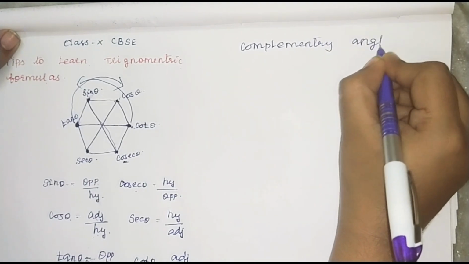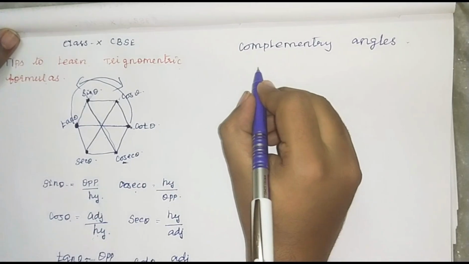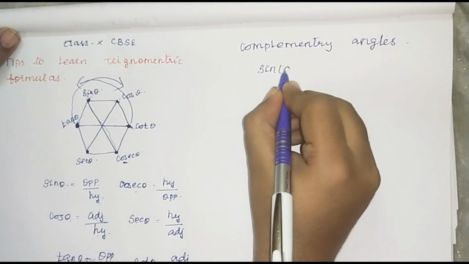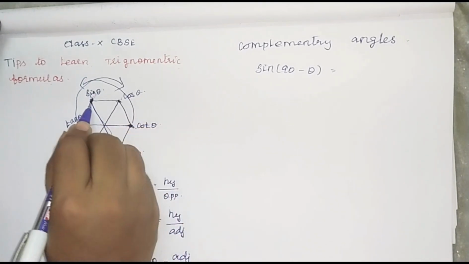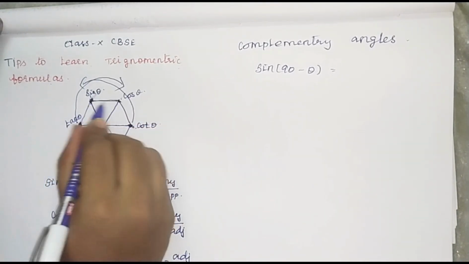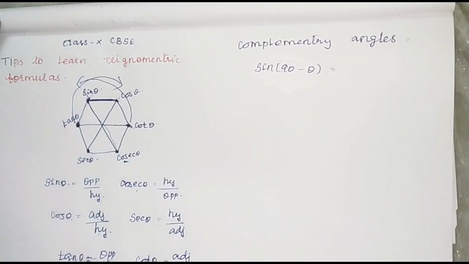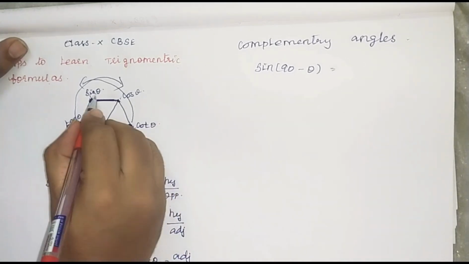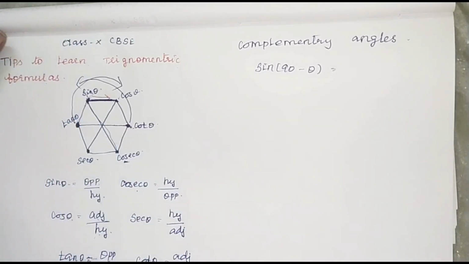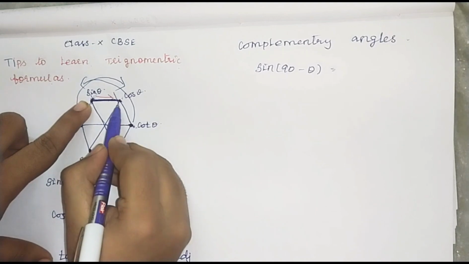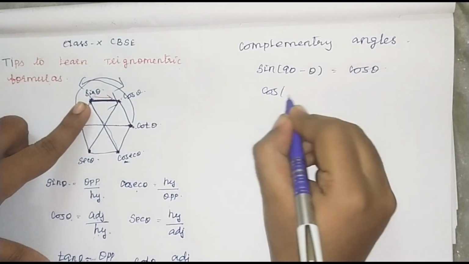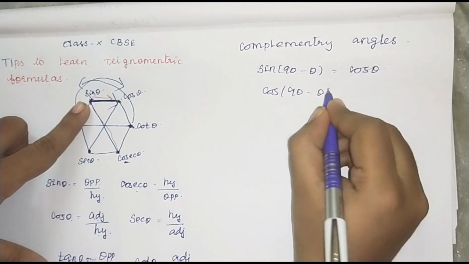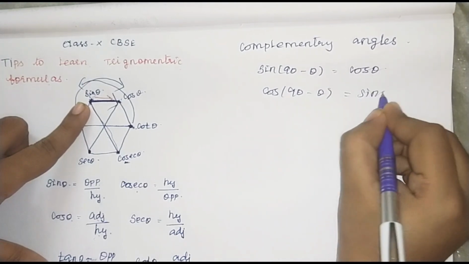Complementary angles formula. Okay. Sine of 90 minus theta is cos theta, and cos of 90 minus theta is sin theta.